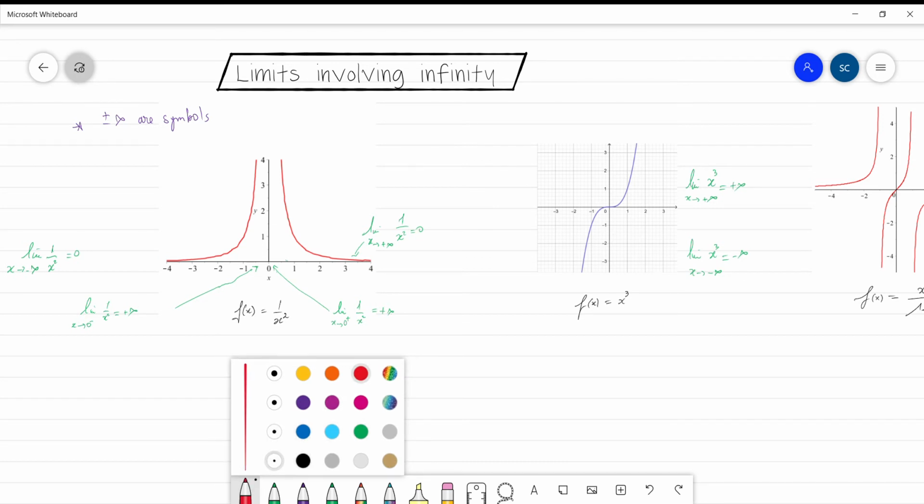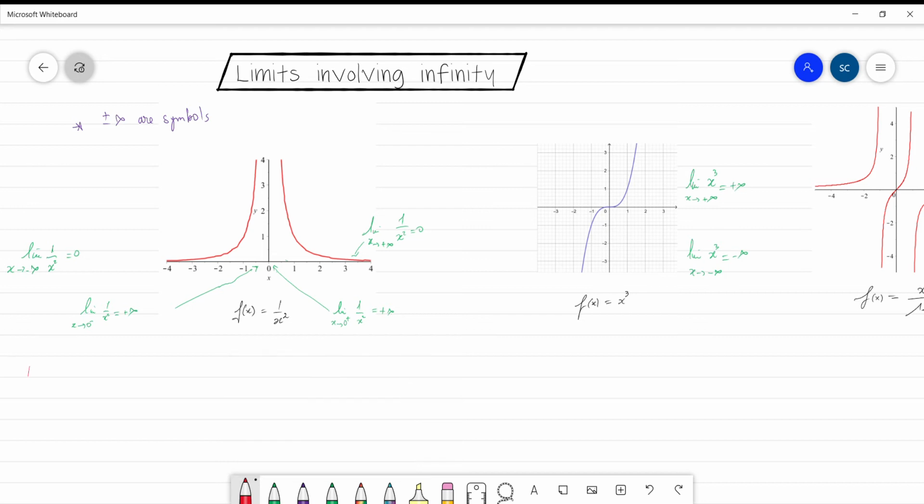Try to understand it. Here it is. We will say that the limit of f(x) as x approaches x0 equals plus infinity. For example, I'm approaching 0 and I want a behavior that is plus infinity. When can I say that?